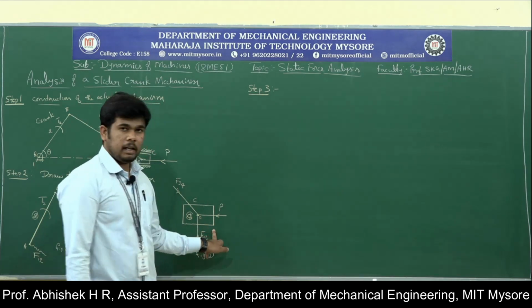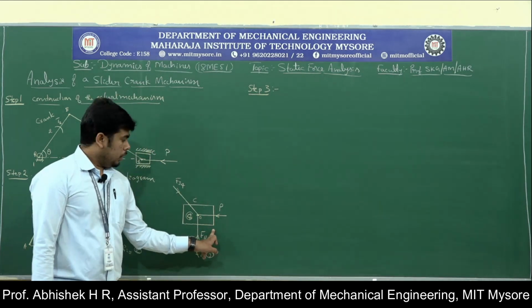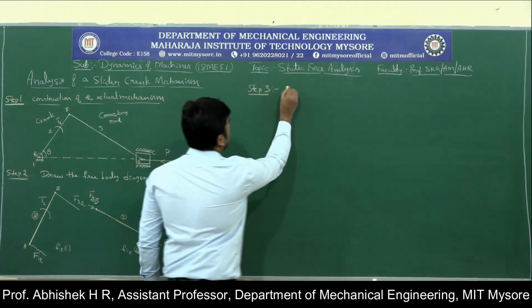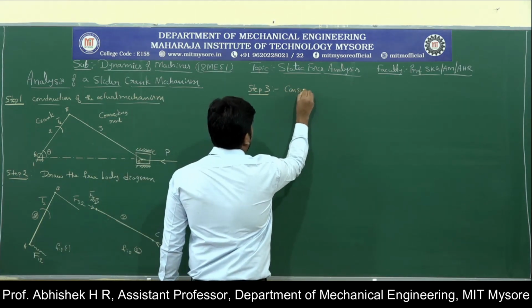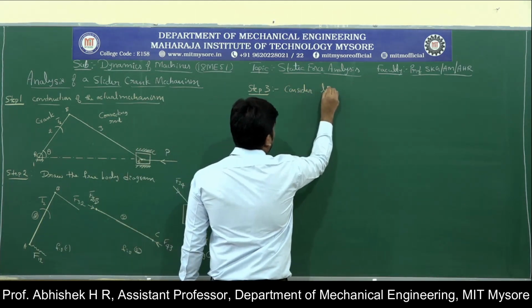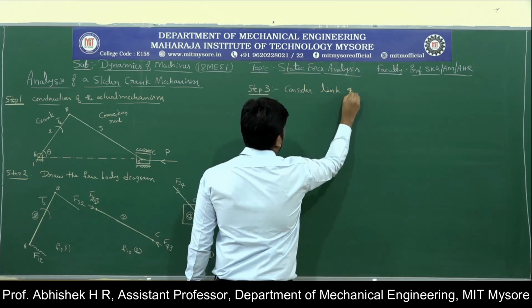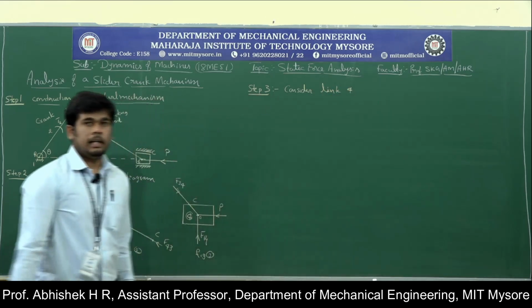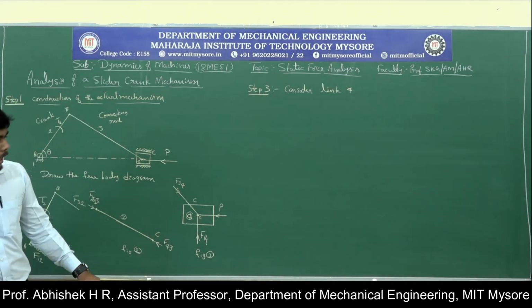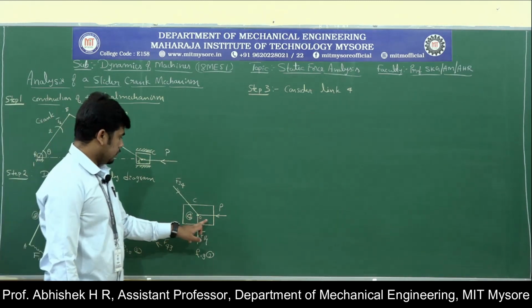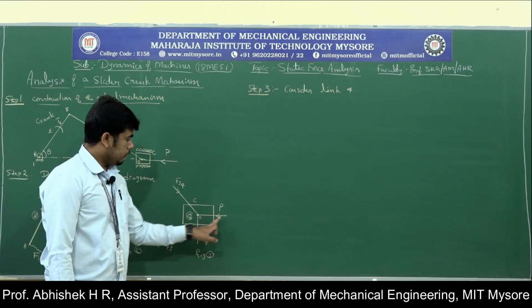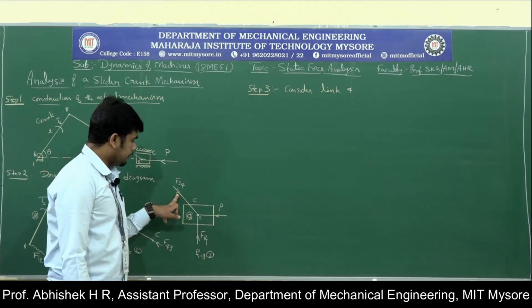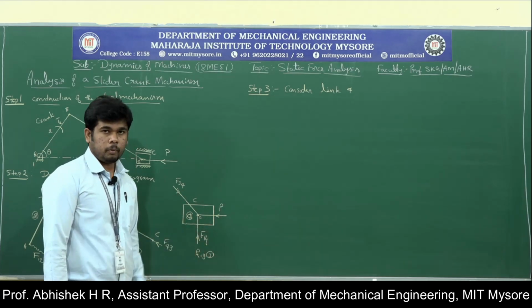So I'll start with link 4. Consider link 4. Here we have three forces: one is P, one more is F34, and one more is F14.